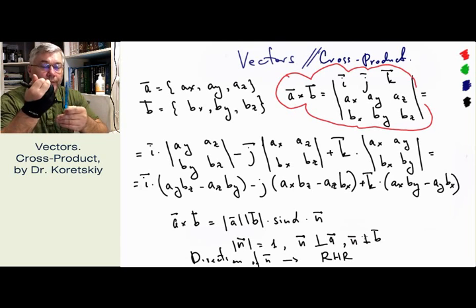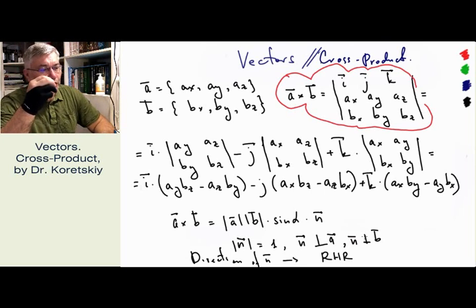Okay, clear? I don't know if it is clear or not, but you can train yourself at home if you want. Anyway, the direction of vector n is defined on the basis of the right-hand rule.